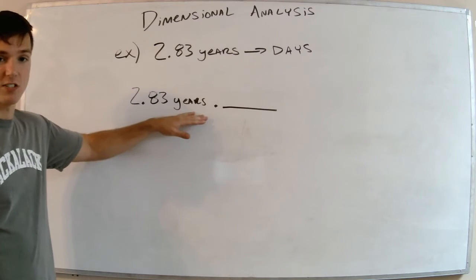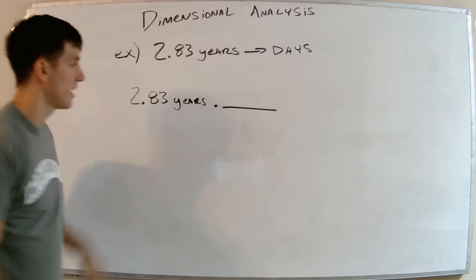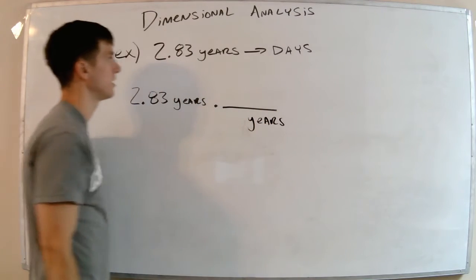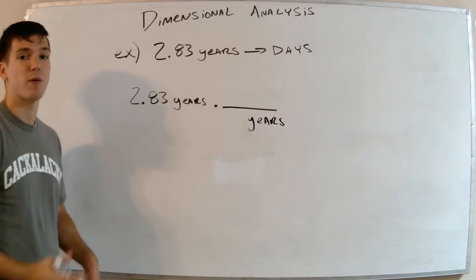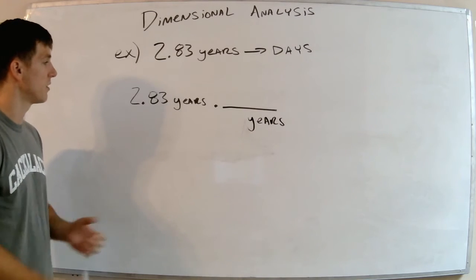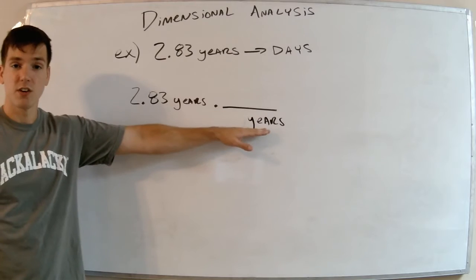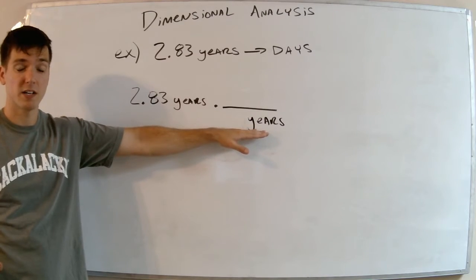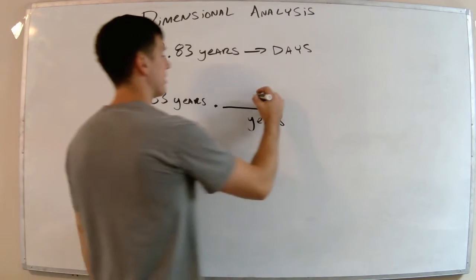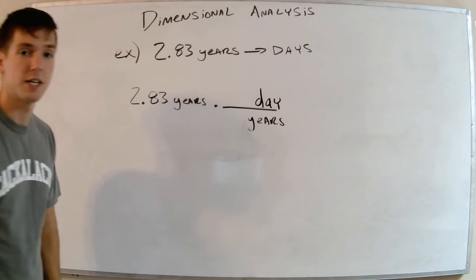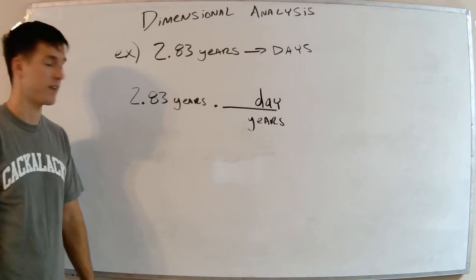So whatever is on top here, which is years, is what I'm going to put on the bottom for my units, okay? That way they cancel out and I can transfer it to a new type of unit. Well, years, right? What can I convert years to? What's something that I know about a year? I know how many days are in a year, so I can just do a straight conversion from years to days, okay?